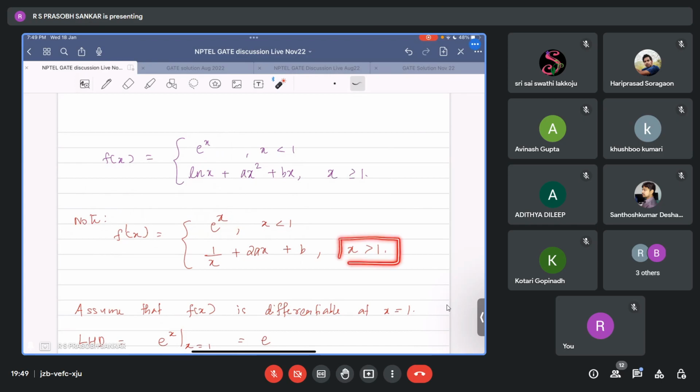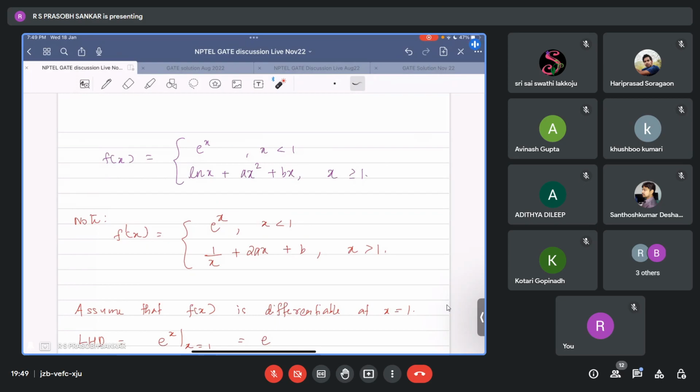Similarly, we should be careful here: for x greater than 1, not greater than or equal to, this is our function, and this function is also differentiable. So the derivative f prime x is given by 1 by x plus 2ax plus b. The log becomes 1 by x, this becomes 2ax, and this becomes b.